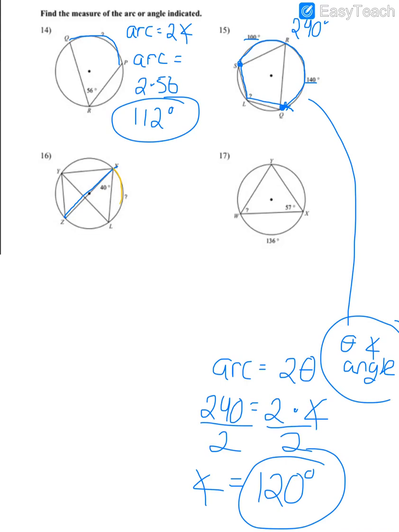So we do need this arc. But always start with wherever you see a number. So see how we have 40 there? And it's coming from this angle. If that angle is 40, this arc has to be twice 40. So this arc here has to be 80 degrees. And then we know that 80 degrees plus this question mark make up 180.